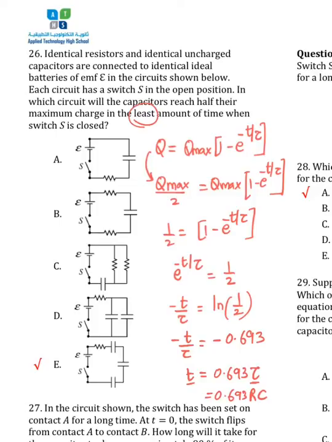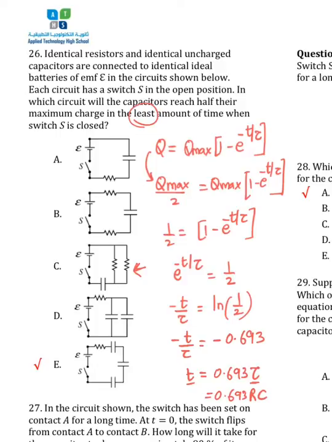So we know that resistance in parallel will become less. So this circuit C seems to have the least resistance. And we also know that the same happens for capacitance.